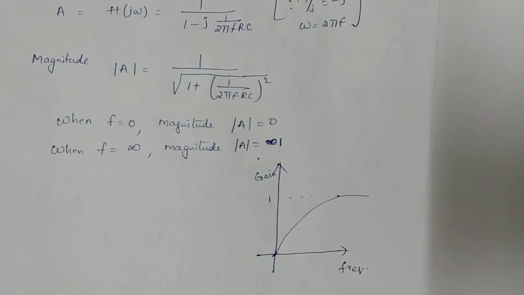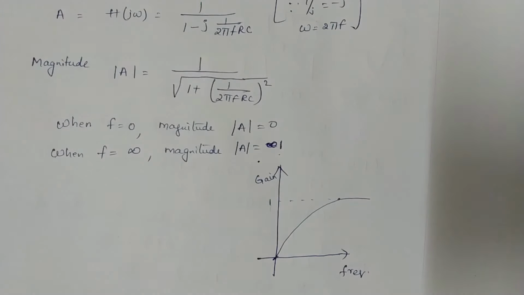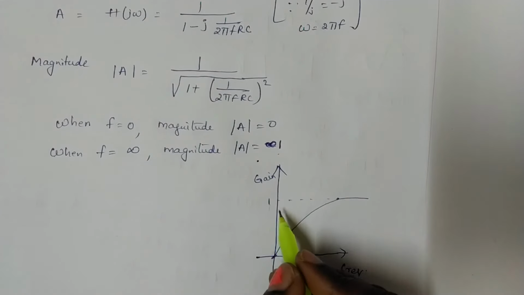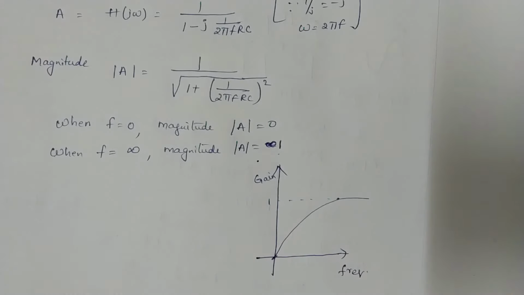Here we have to find the cutoff frequency, that is the lower cutoff frequency for the HPRC circuit. To find it, we have to know the lower cutoff frequency F1 at 1 by root 2 of the maximum value, that is 0.707. At that point only we will get the lower cutoff frequency.